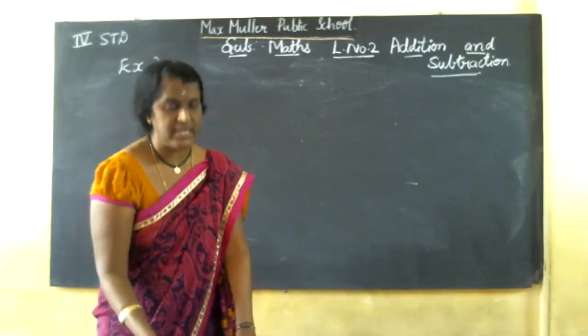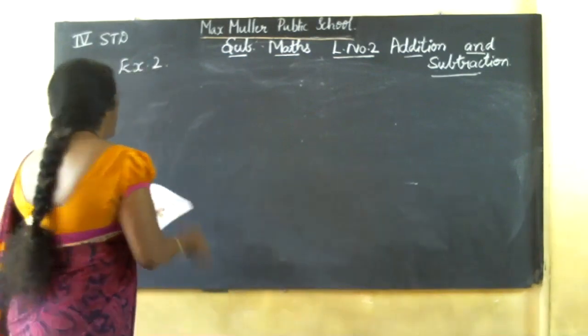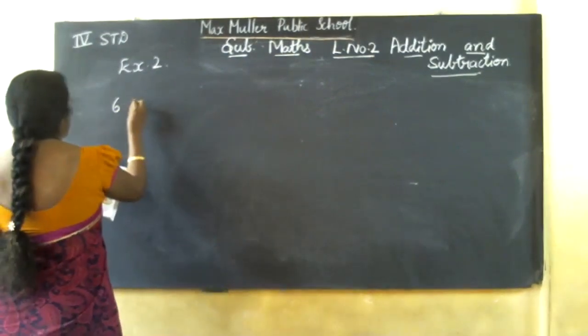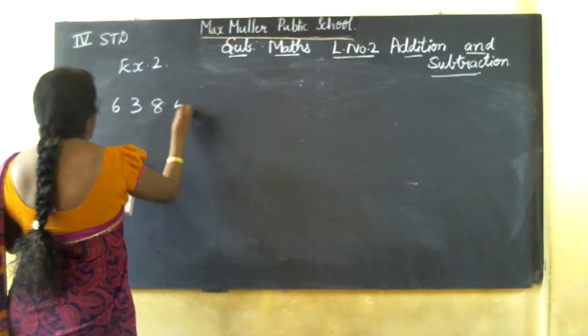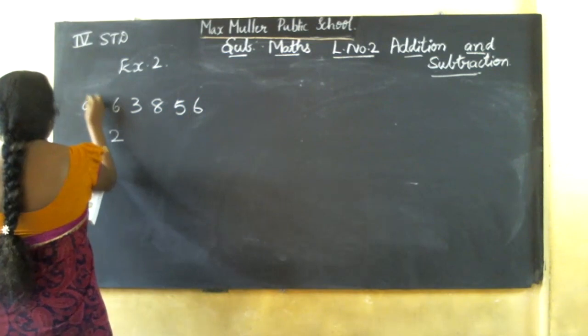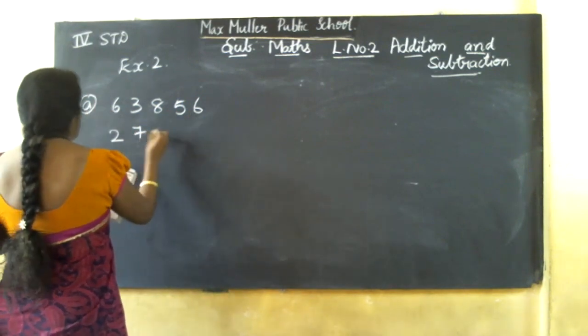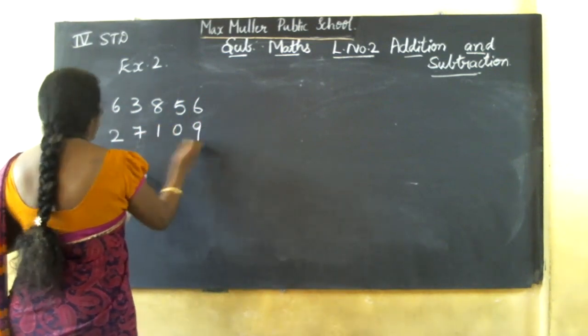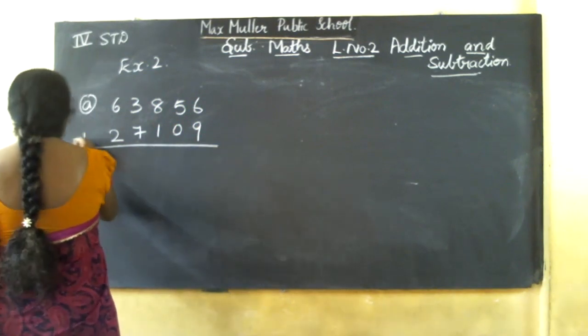Now I'll do the first sum. I can't do all the sums, children, so I'll do the first sum. 6, 3, 8, 5, 6, 2, this is A, first sum. 7, 1, 0, 9. So this is addition.